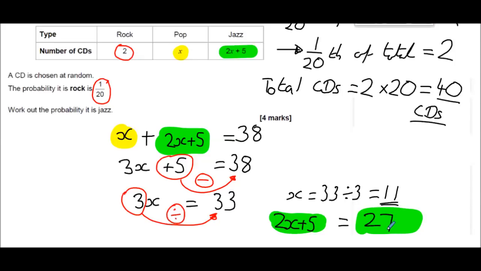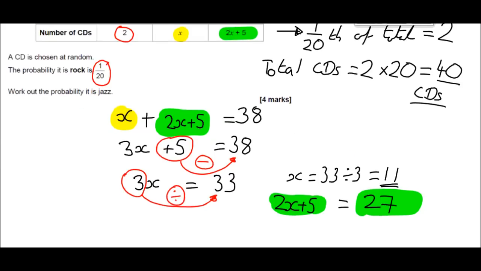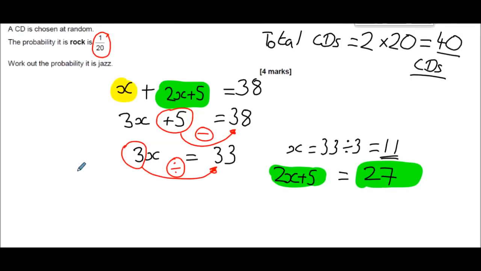Of course, the question isn't asking for just jazz CDs, it's for the probability of picking a jazz CD out. And so finally, the way we work out probability is it's the number of ways something can be chosen out of the total number of possible things that could be chosen.